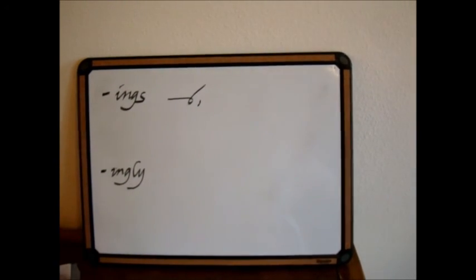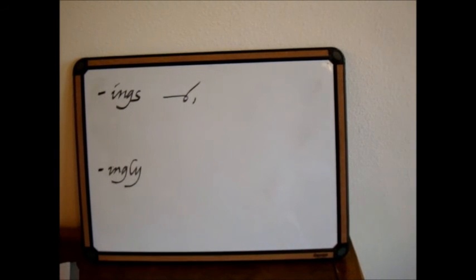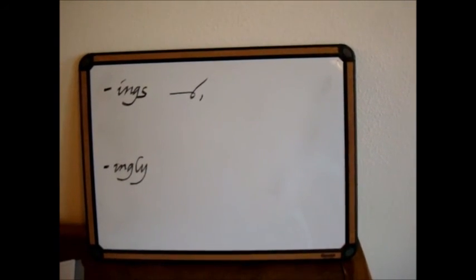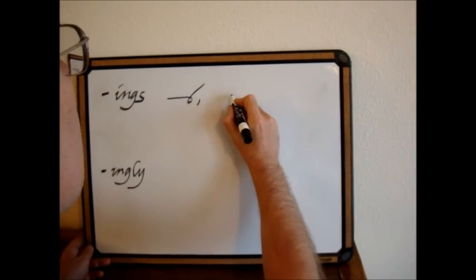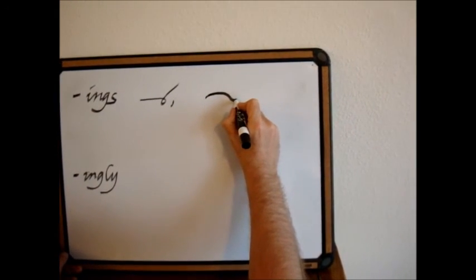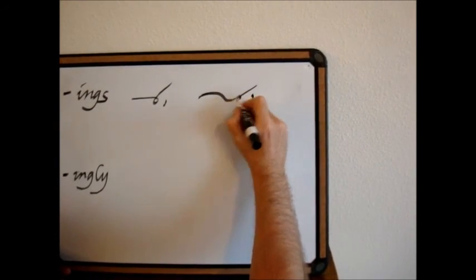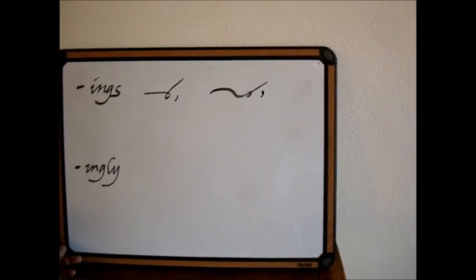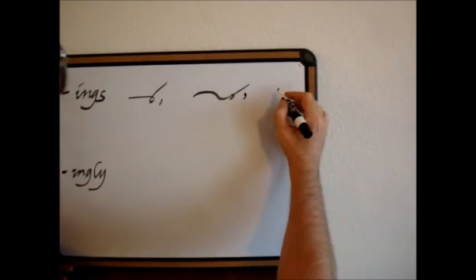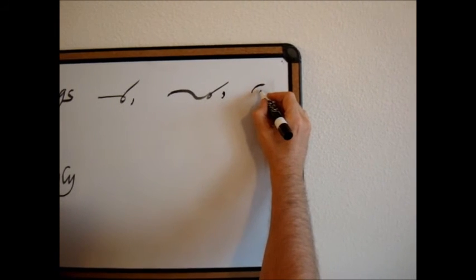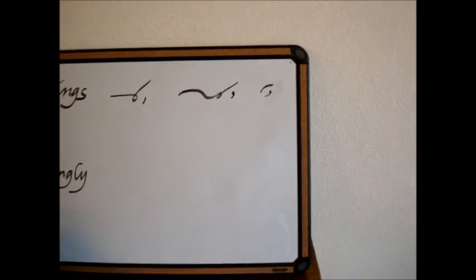So the idea is to replace the ing dot with an S, and that gives you ings. How about greetings? G-R-E-T and an ing dot, greetings. How about things? We can just go TH, and instead of the ing dot, an S, things.